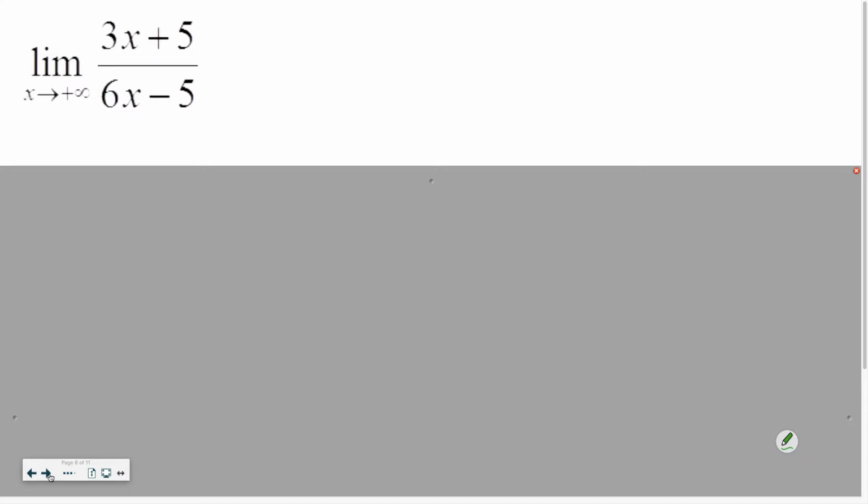Okay. Isabel, what's true about the degree of the numerator in comparison to the degree of the denominator? They're the same. So we have a horizontal asymptote at y equals 3 over 6.